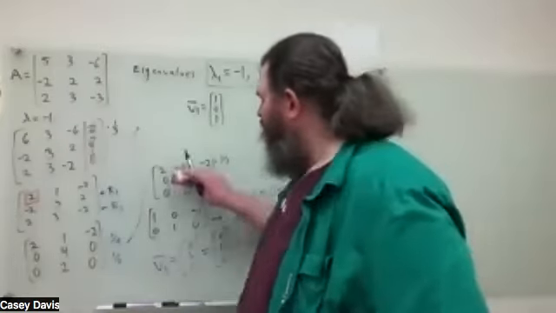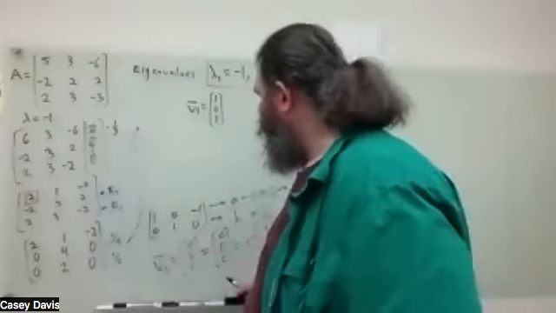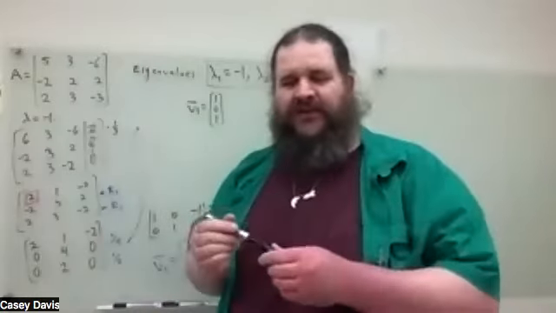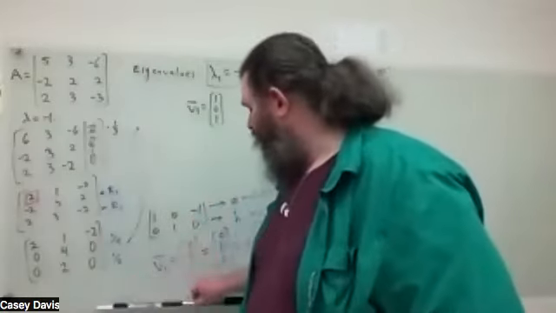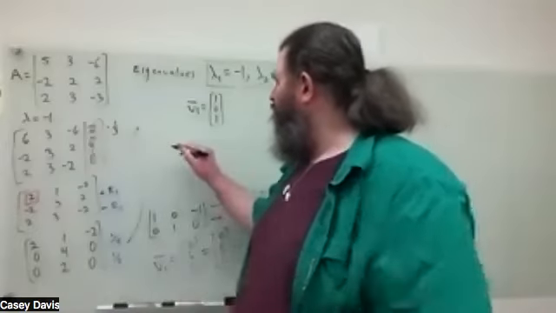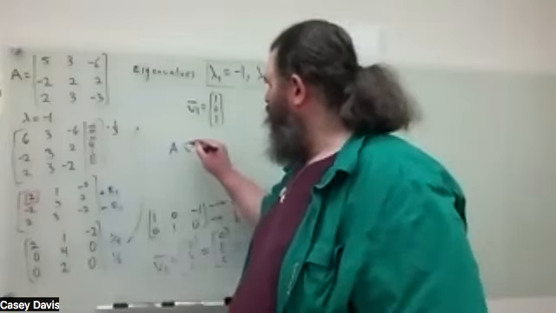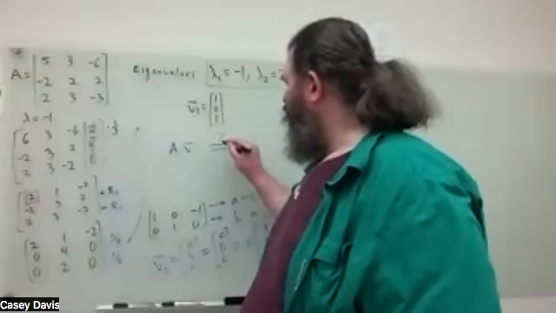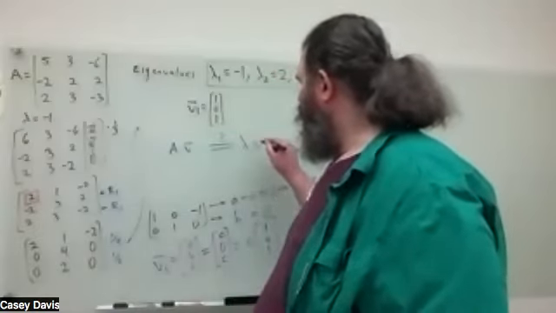Yeah, we can always go back to that definition, AV equals lambda V. So if we want to check, is this really an eigenvector? Did we actually calculate this right? We can always go back to AV, check, is it equal to lambda V?